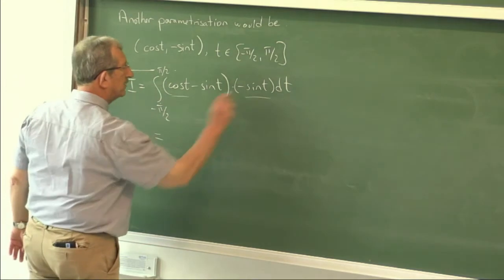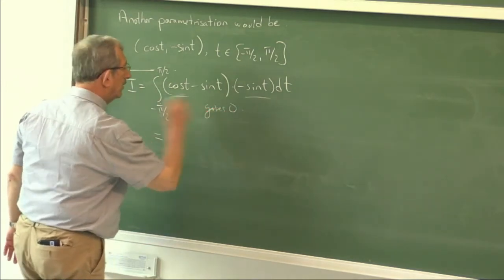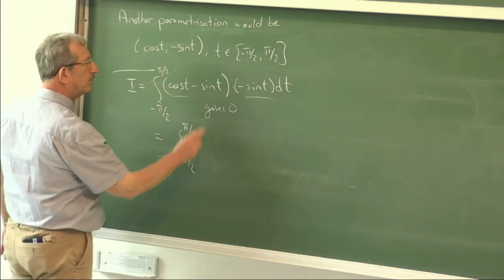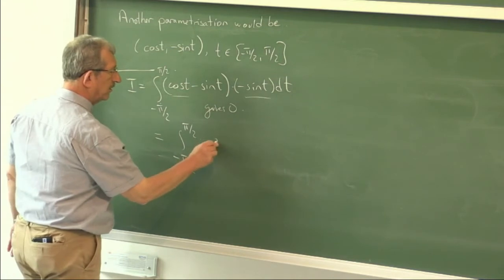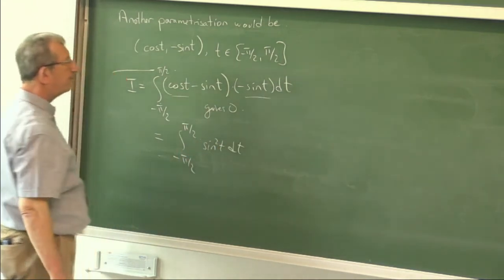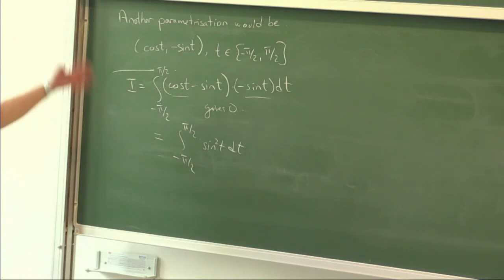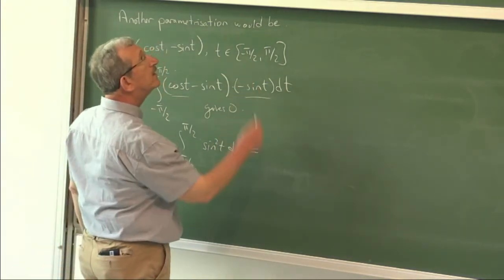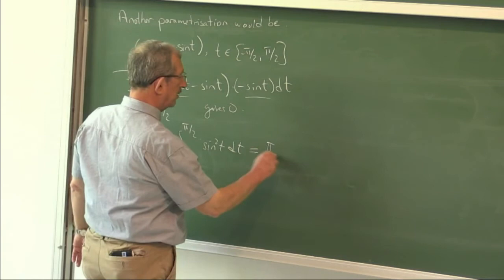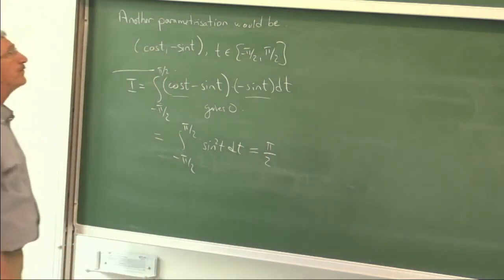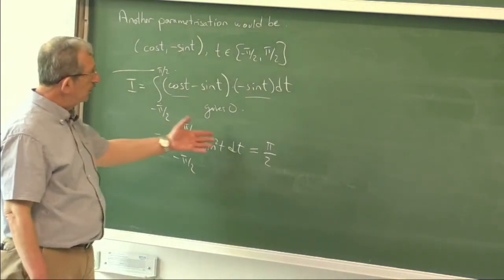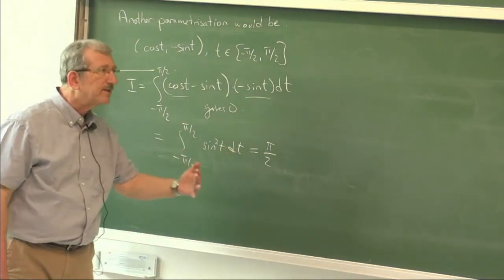So this part gives 0. So we only have the integral from minus pi over 2 to pi over 2 of sine squared t. Note that it's exactly the same as the top, but instead of sine squared, we have minus sine squared. So this happens to be pi over 2.